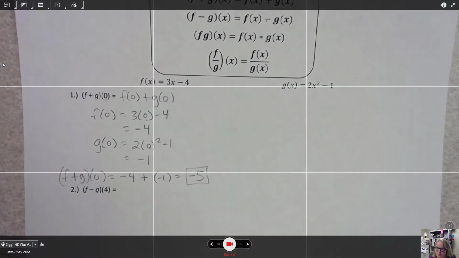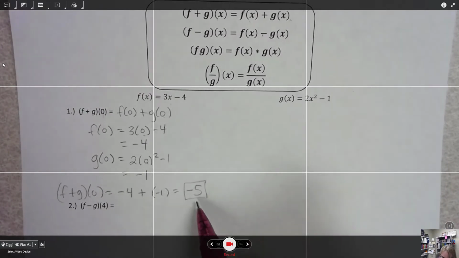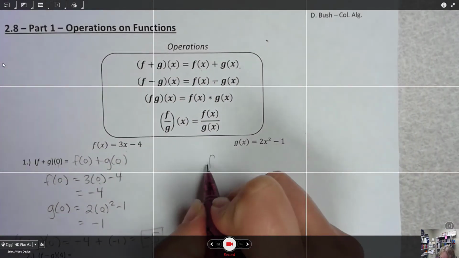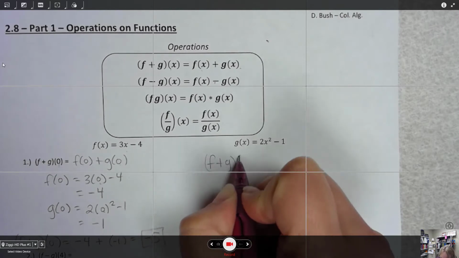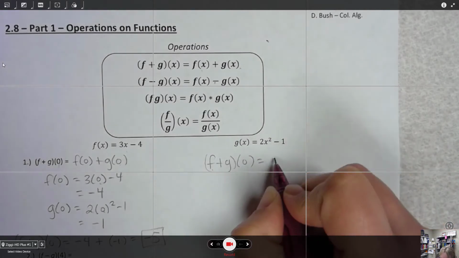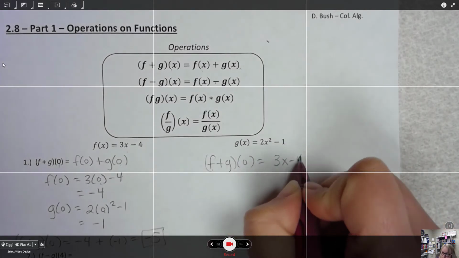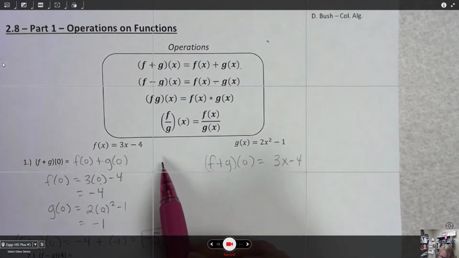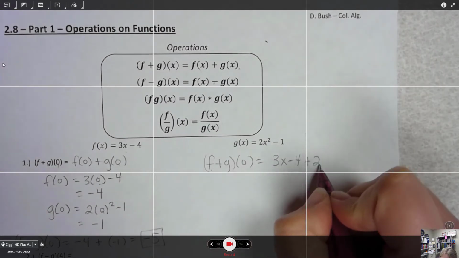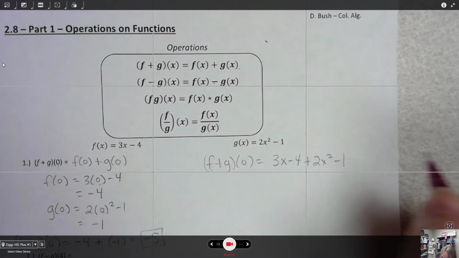Now if you do it the other way, where you take just the two functions, I'm going to do f plus g of 0. I take the function f, 3x minus 4, and add to it the function g, 2x squared minus 1.